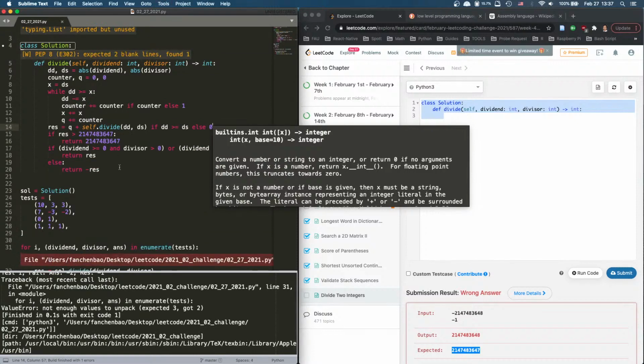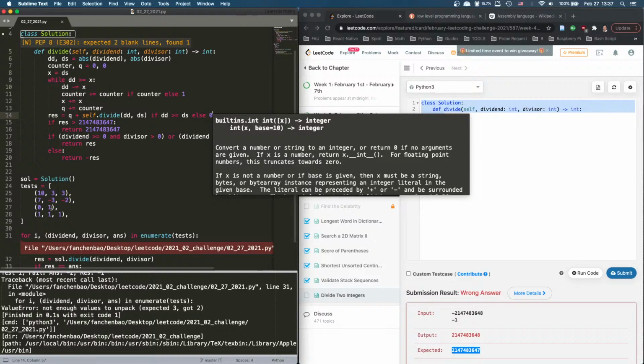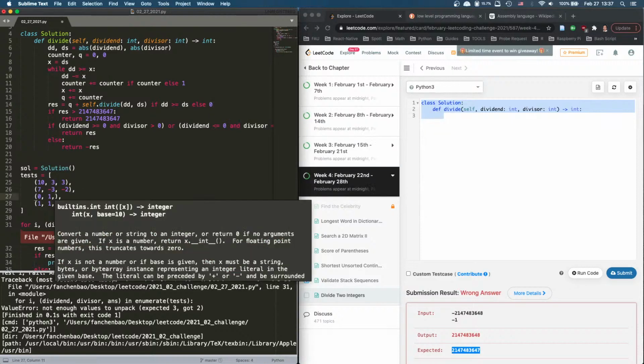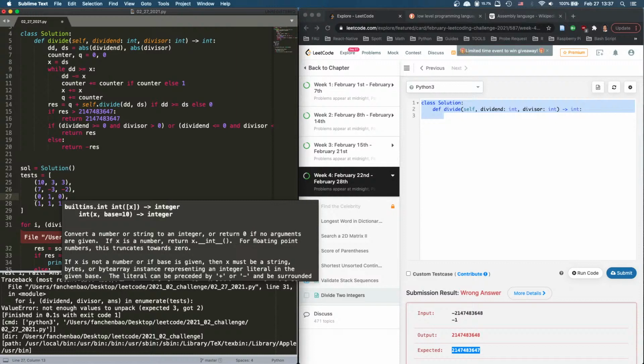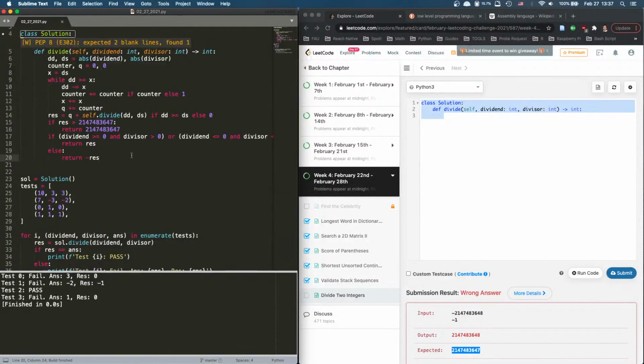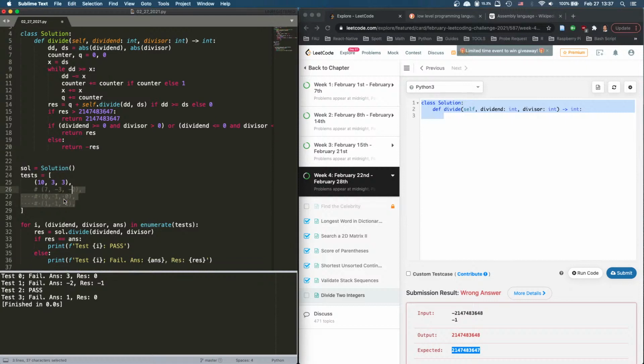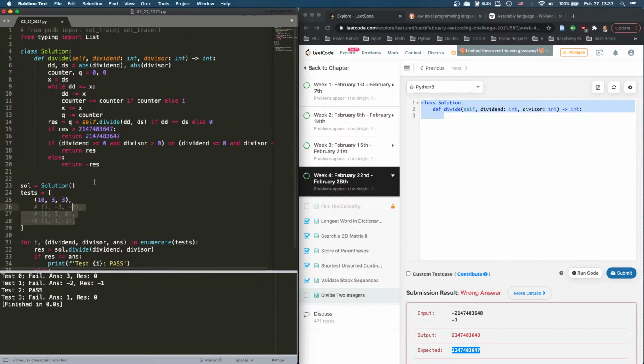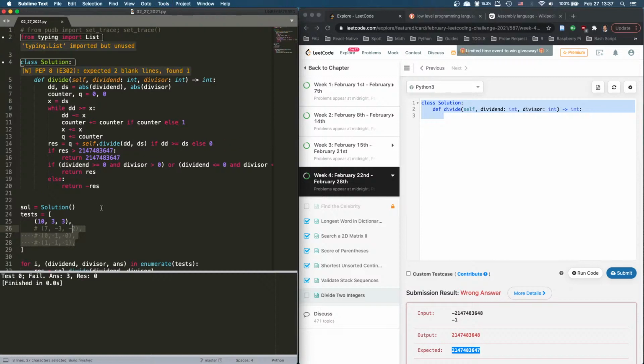Not enough to unpack. Oh, because I forgot to do it here. 0, 1 is going to be 0. Well, we have some pass, some fail. So everything returns 0, which is not correct. Okay, let's focus on this. This logic is so convoluted. It makes me feel very uncomfortable.